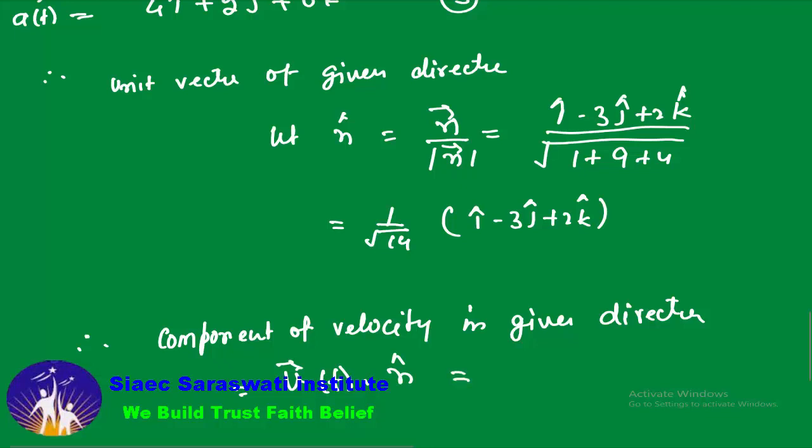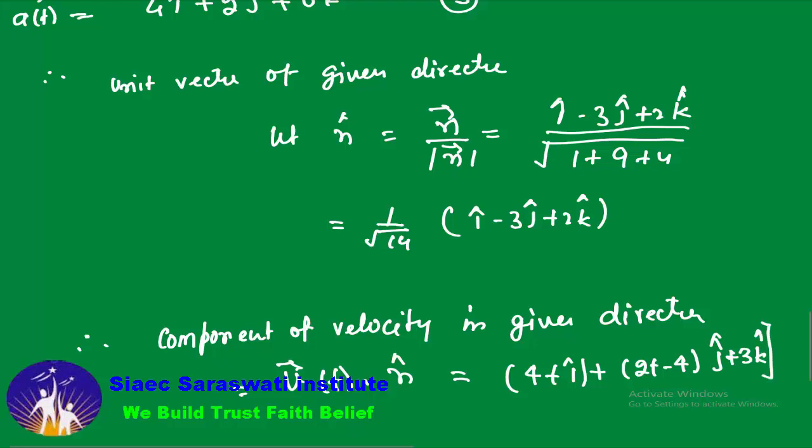The velocity vector was 4t i plus (2t minus 4) j cap plus 3 k cap.